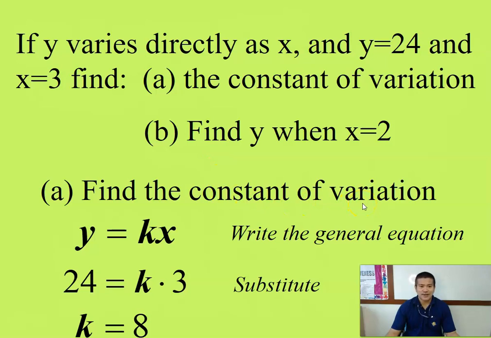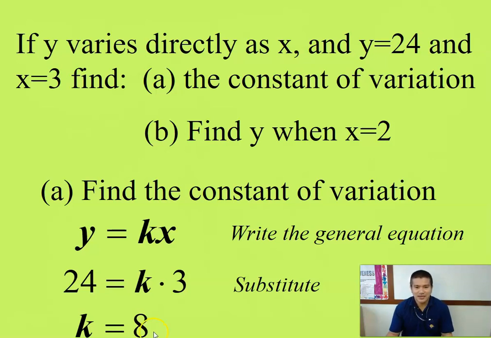We can write y equals kx, our general equation for direct variation. Given that y is 24, 24 equals k times 3. Therefore, k is equal to 8.